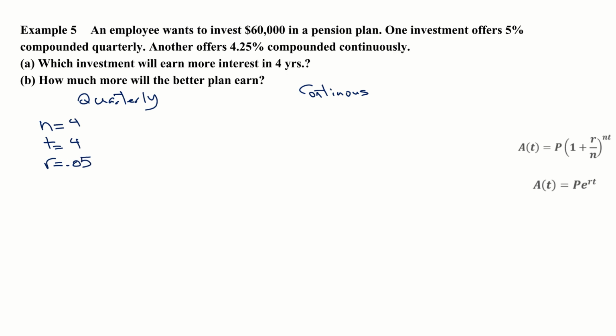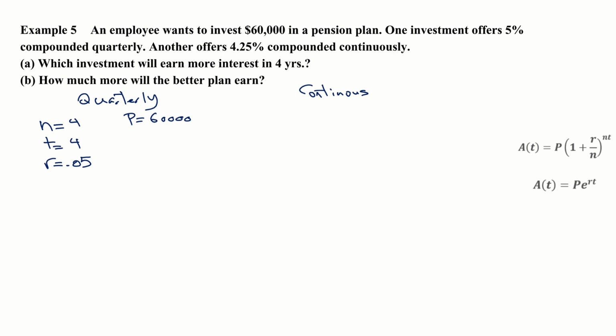I mean, we could use the percent, it's just that the decimal equivalent is so much easier. But if you're going to use the percent version, you have to make sure you keep the percent with the 5. And then the present value, in both cases, is going to be the same, 60,000.